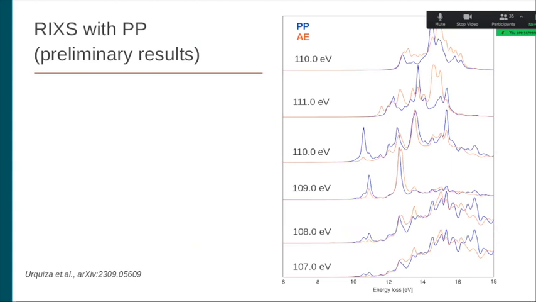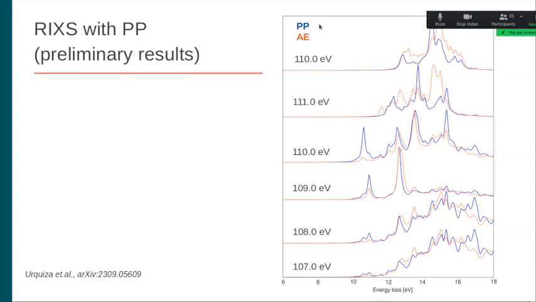So one last step will be to calculate the RIXS spectrum with pseudopotential, and these are preliminary results that we have obtained recently. Again, we have the energy loss for different incoming photon energies, and the absorption and the RIXS.